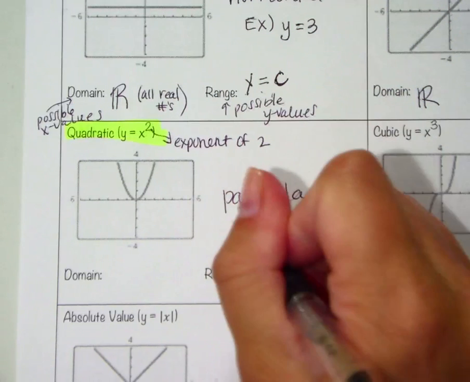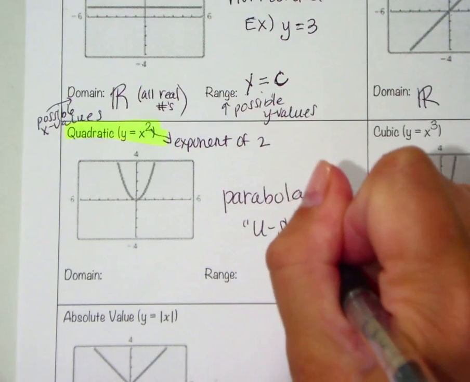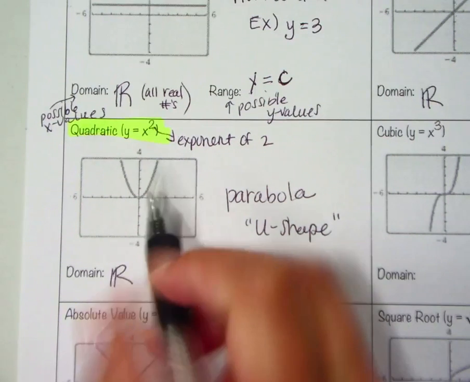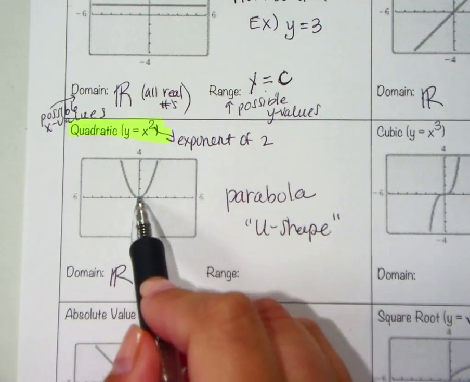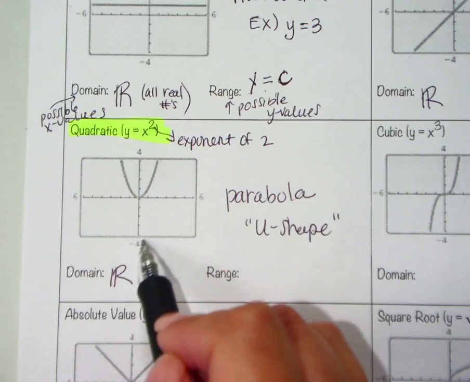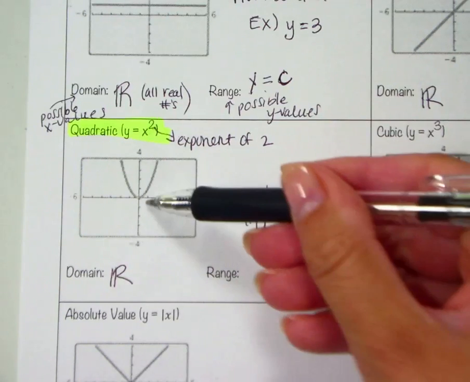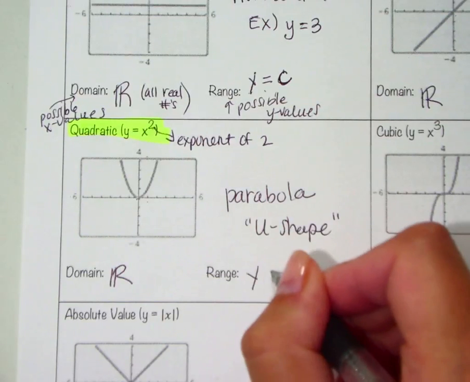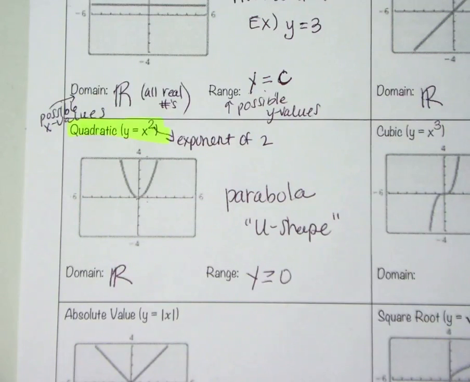That's that U-shaped graph. The domain is all real numbers, but if you look at the y values, you don't see any y values below the x-axis. So all of our y values start at 0 or go up. So we say that the range is greater than or equal to 0.